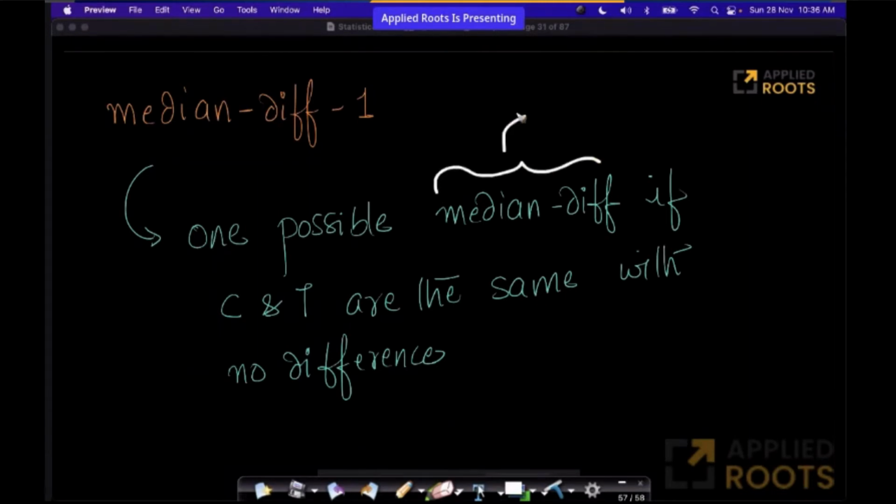Remember, median diff is also a random variable. It is one possible value of median difference if control and treatment are the same with no difference. So if xc is very similar to xt, median diff is one possible value of the difference between medians. That's what I just told you a while ago.